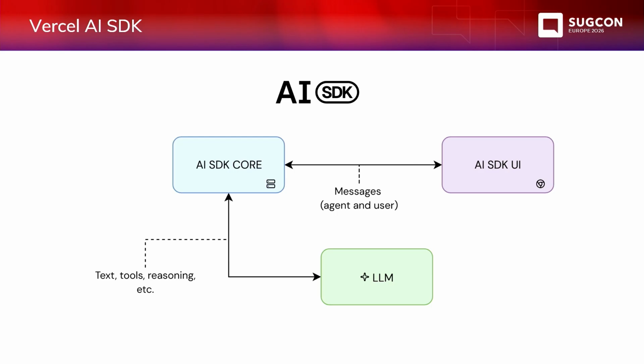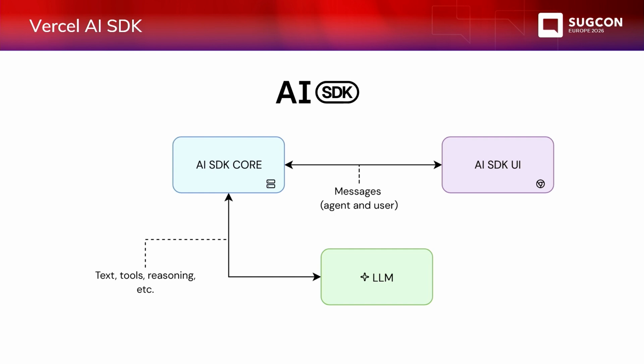And yeah, so now let's understand how Vercel AI SDK works. It has two layers. AI SDK Core is a model agnostic framework, and it runs on the server. It connects the server with the LLM. It makes requests to the LLM, parses the response, and all this is done in TypeScript.